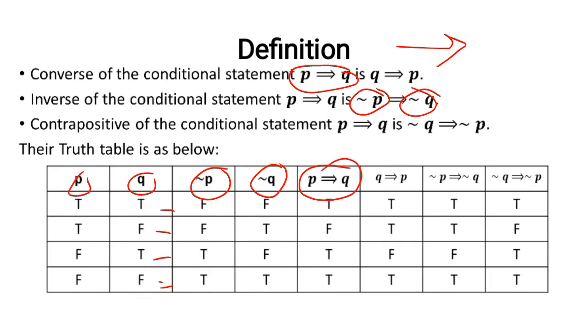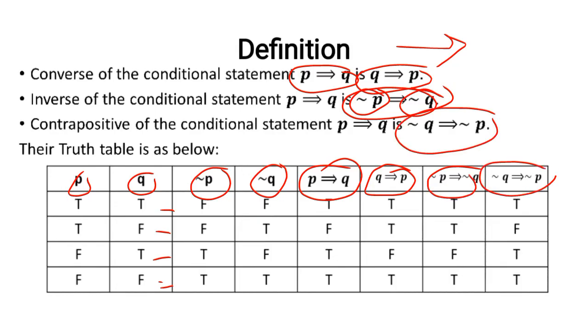Basically like your BODMAS with brackets, you understand? First addition, bracket, off, multiplication, something like that. So we want to be careful and arrange them. Next thing we need is to find Q implies P, which is this one here, right? So we have it here. So we need negation P implies negation Q, look at it here. And then finally negation Q implies negation P.